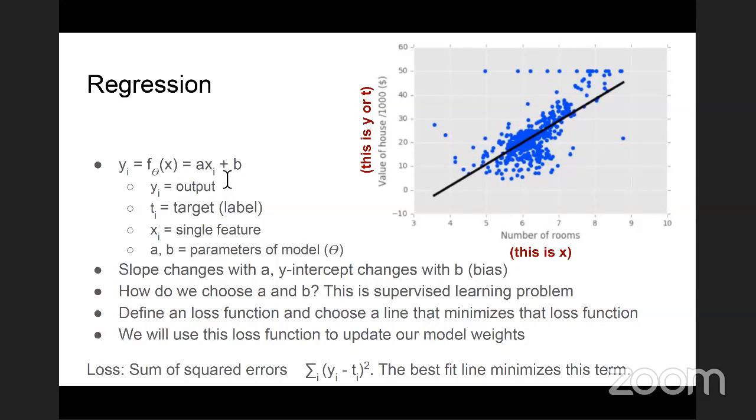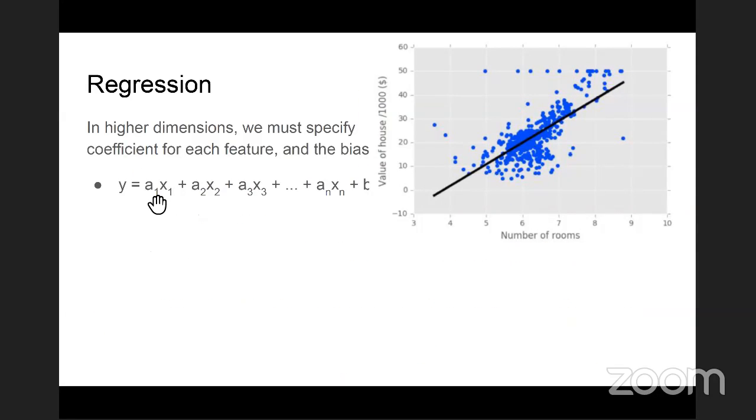Now that particular one should not pull the line too far up, should not increase A too far. To restrict that, I will put a penalty on A square. Similarly, if I have x1, x2, x3, x4, many x's, then I will have a penalty on A1 square plus A2 square plus A3 square plus A4 square. Okay. All right.